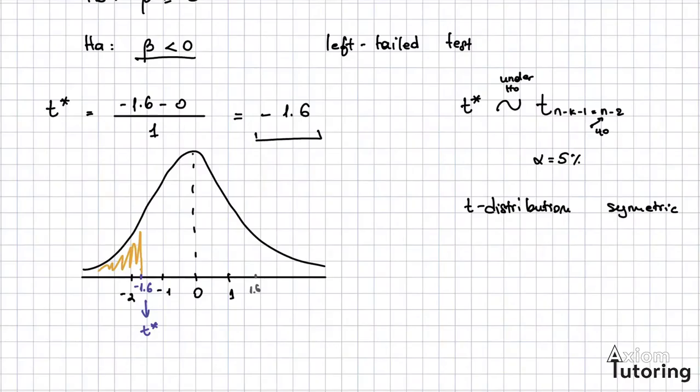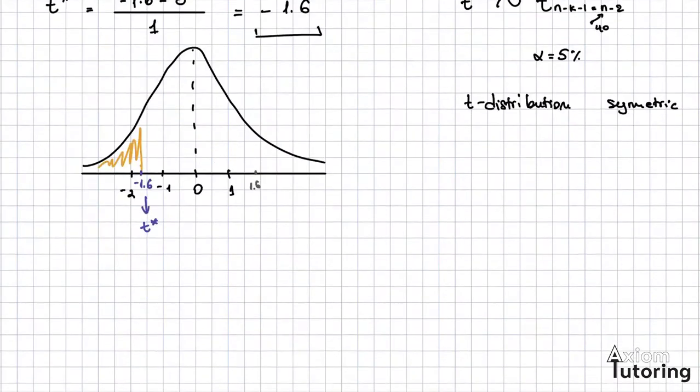So using the table or a software, you can find that the probability of you finding a t-value that is smaller or equal to minus 1.6 is approximately 0.06. And that means that your p-value is approximately 6%. So that is 0.06.